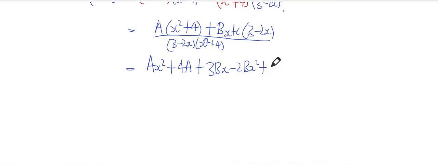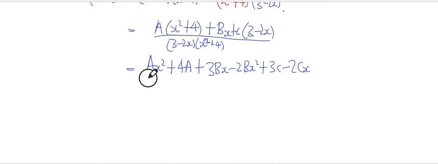Now let's expand. When you expand that, you have Ax squared plus 4A plus 3Bx minus 2Bx squared plus 3C minus 2Cx.